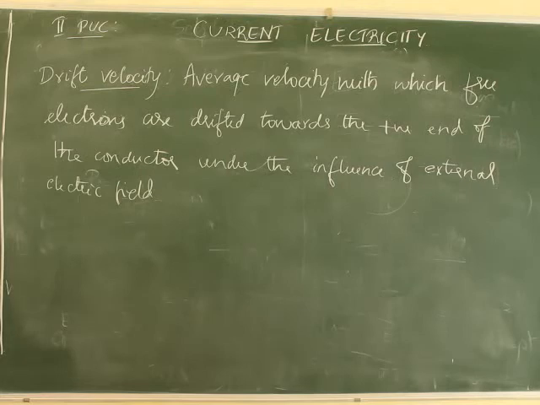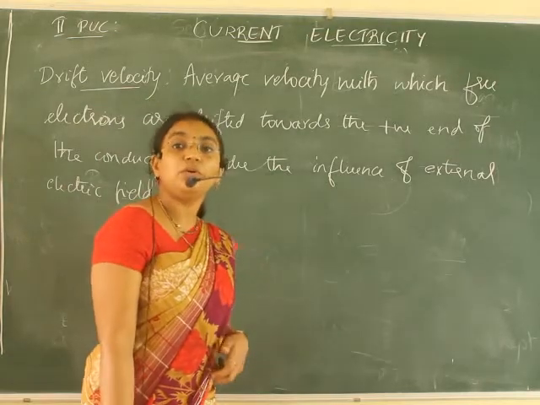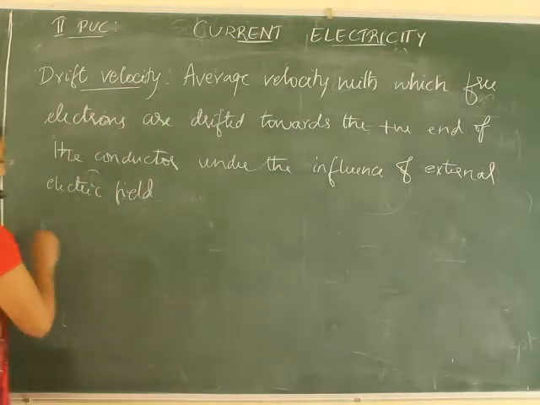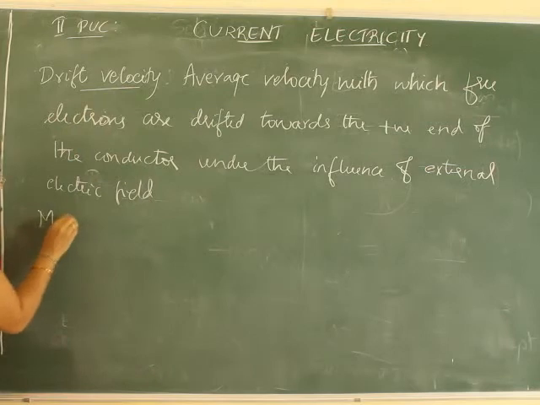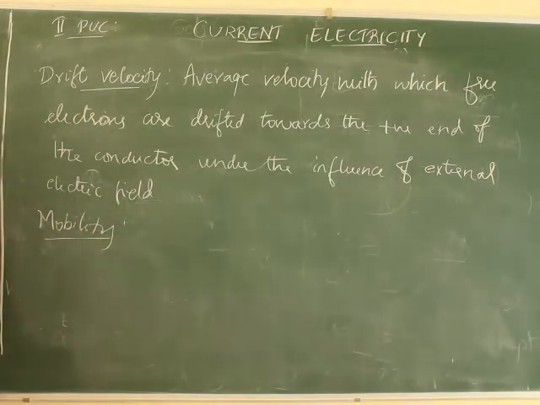Before that, you have to write one more definition, that is about mobility. What do you mean by mobility? You know mobile. What is mobility? Is there any relation between mobile and mobility? Cell phone? Is there any relation?